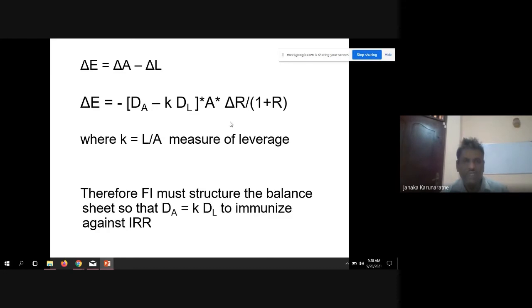So change in equity equals minus DA minus K DL times A times delta R divided by 1 plus R. What is DA? Duration of the entire balance sheet assets, duration of assets, minus K, the leverage factor, times duration of liabilities, multiplied by total assets into change in interest rate divided by 1 plus R.